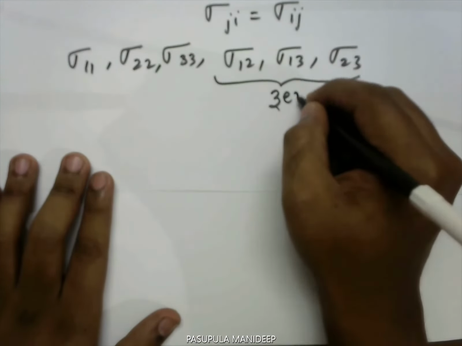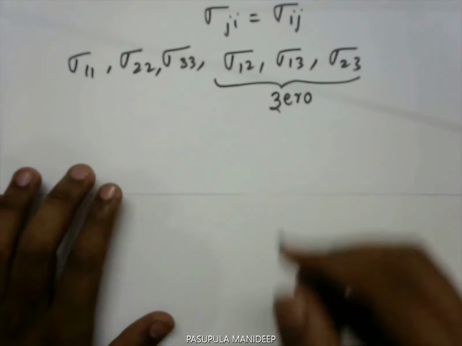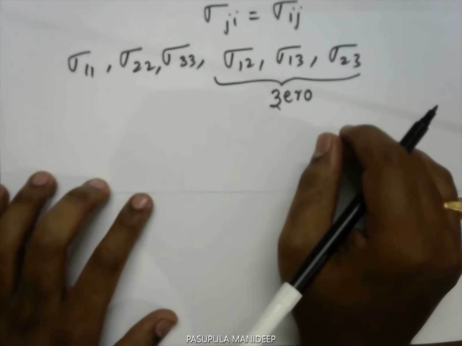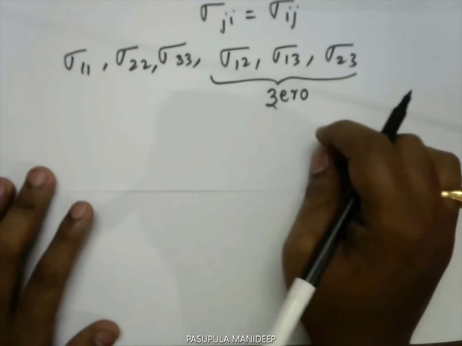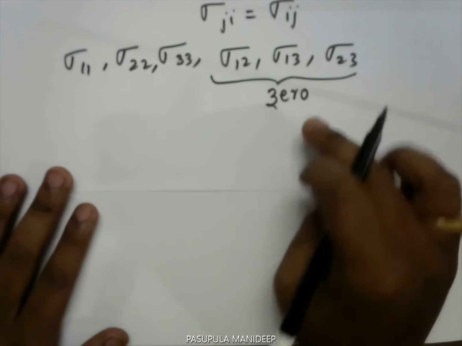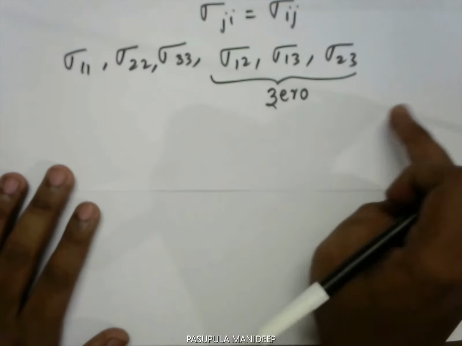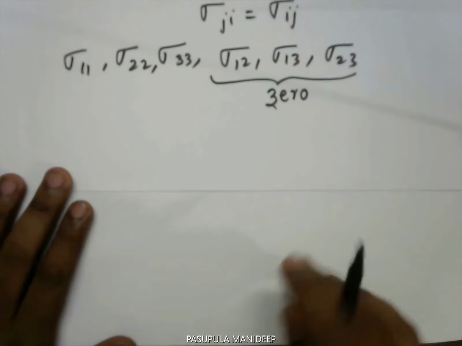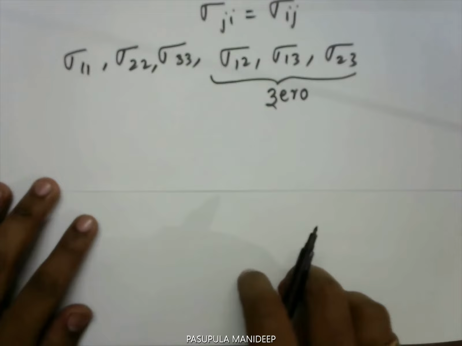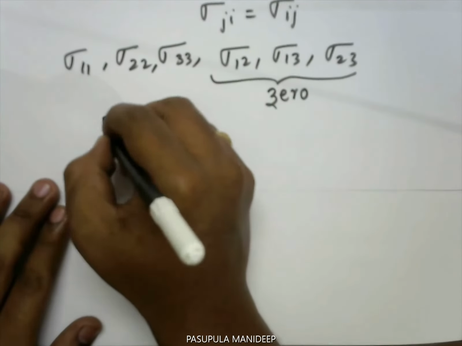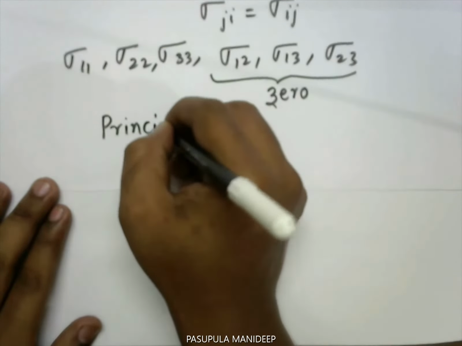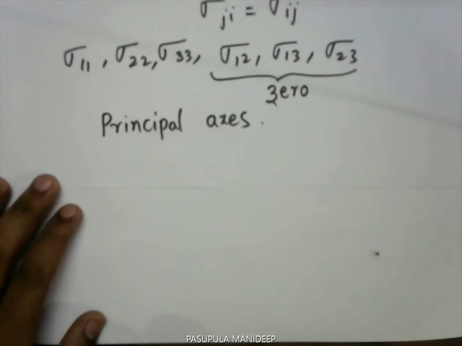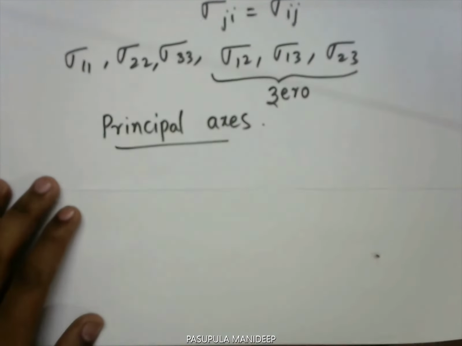We can choose the set of Cartesian axes using which the non-diagonal components of the given second order tensor field will all be set to 0. That set of axes is called the principal axes.